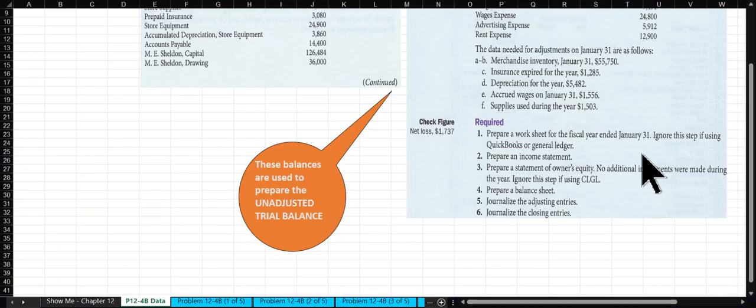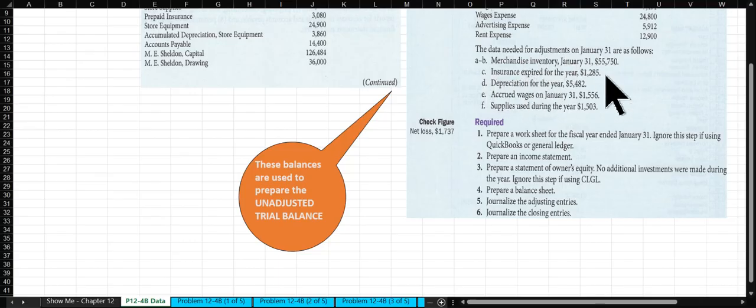Since you are familiar with adjusting entries from chapter 11 and from chapters 4 and 5, I am quickly going to go through these and then just show you what the entries are. So we did A and B, which is closing out the beginning and recording the ending.